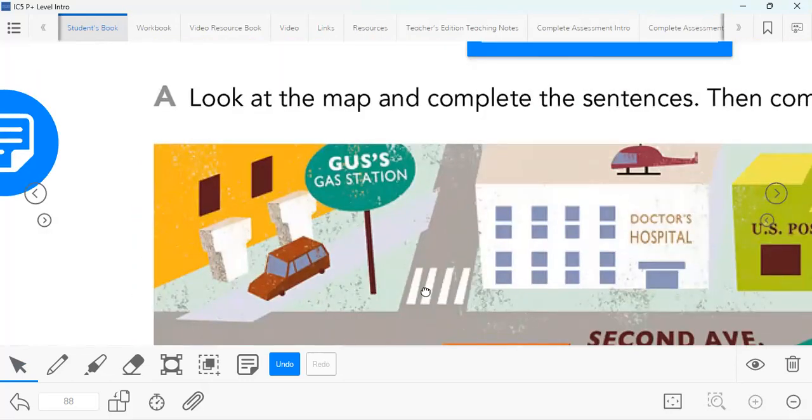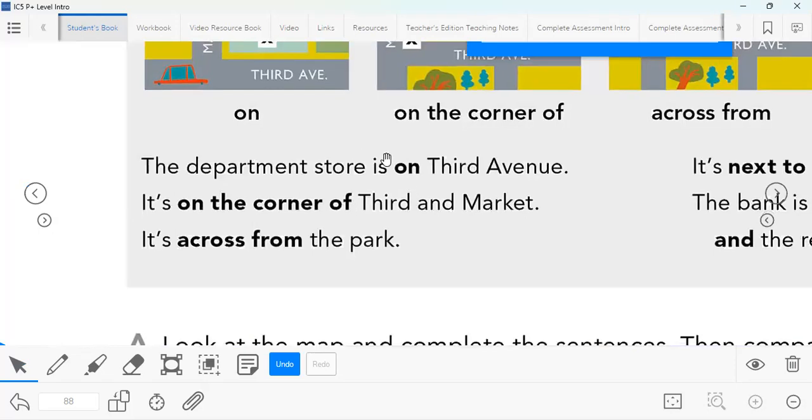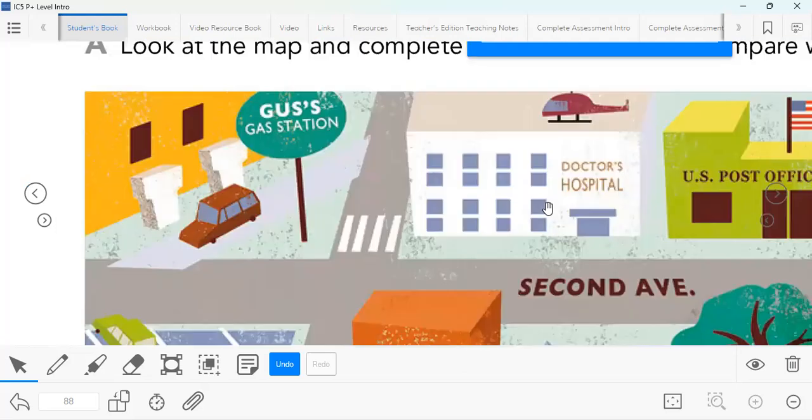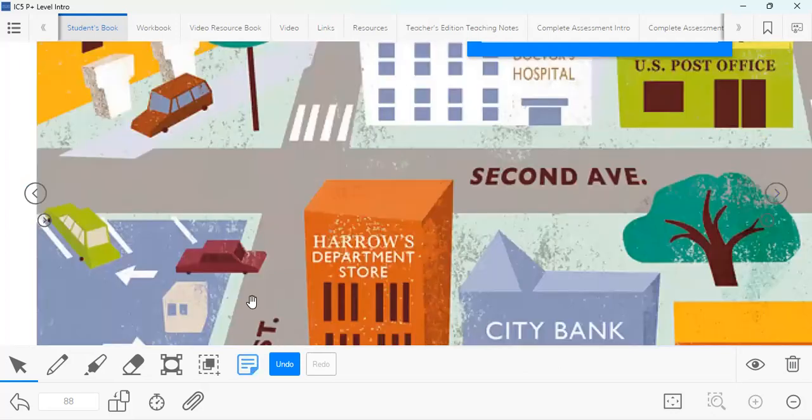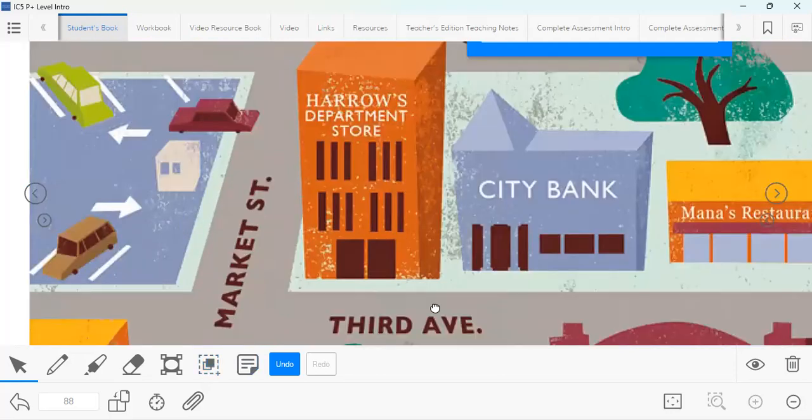But in the other option, using just on, because we don't have corner, we can say it's on the 2nd Avenue. But it's more specific to use on the corner of, in this case. We can say it's on Second Avenue, or maybe on Market Street.